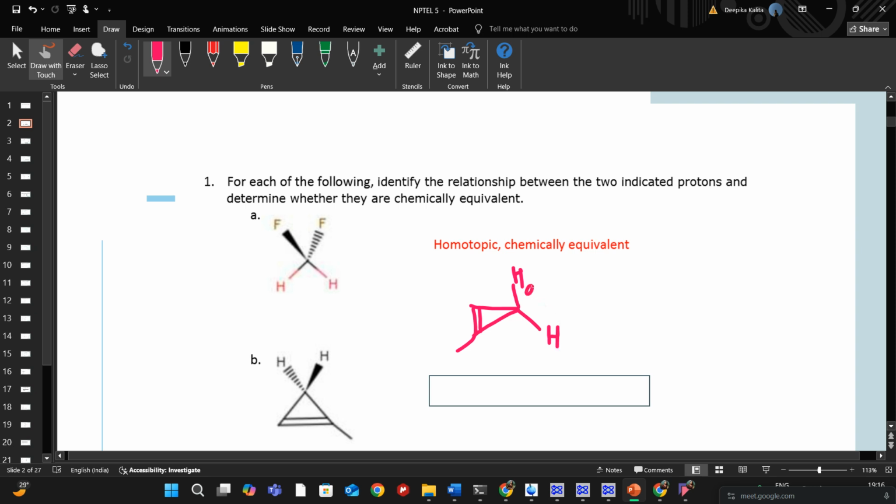Suppose we are naming them as HA and HB. So if we replace HA and HB, we will have to check whether we are going to get the identical molecule or enantiomers or a pair of diastereomers. Suppose we are going to replace this HA by a deuterium atom.